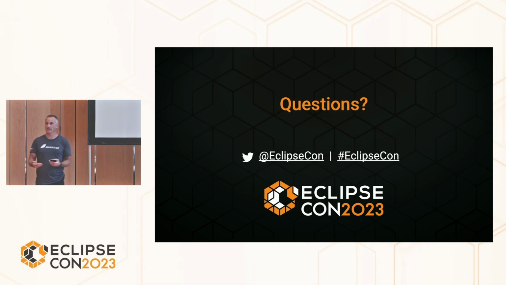I think Jakarta REST is one specification that everybody is using. CDI is everywhere, but that's kind of the glue. Persistence is used everywhere. Servlet, definitely. All of these specifications are also used by the Spring framework, so most enterprise or backend developers are exposed to these APIs.